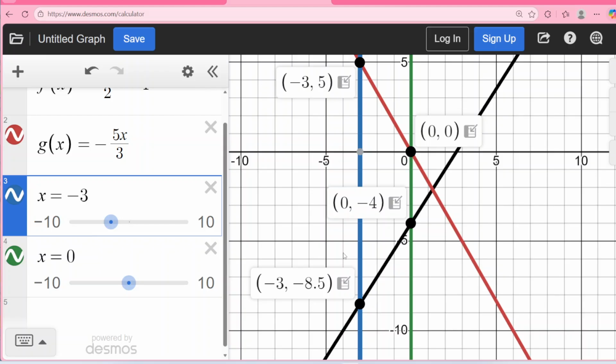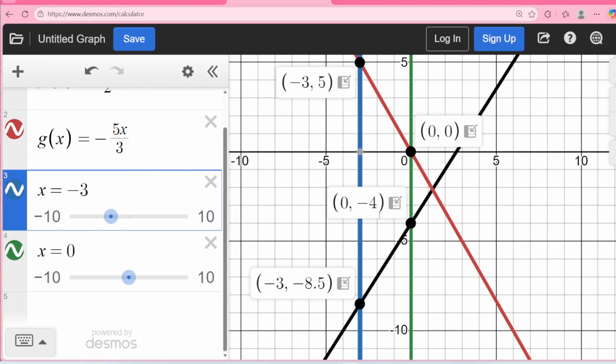So add those up, and you got 17.5, which would be 35 halves. Cut that in half would be 35 fourths. Then multiply by the distance between these two bases, which would be 5 units.